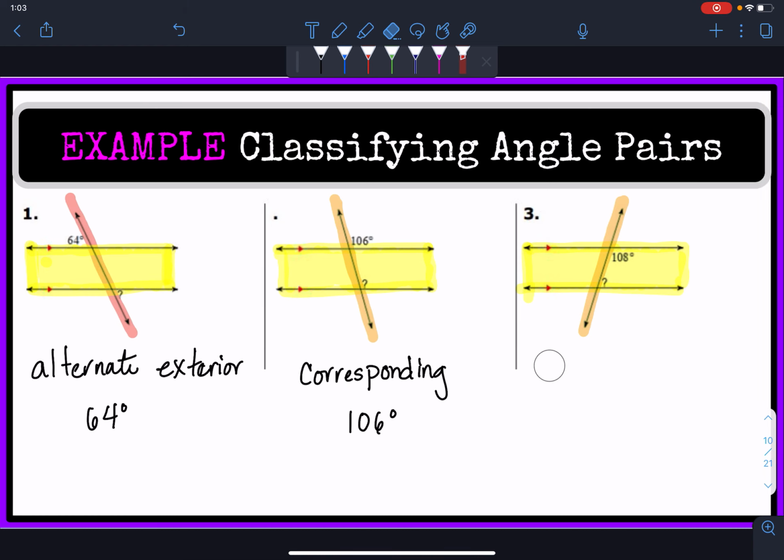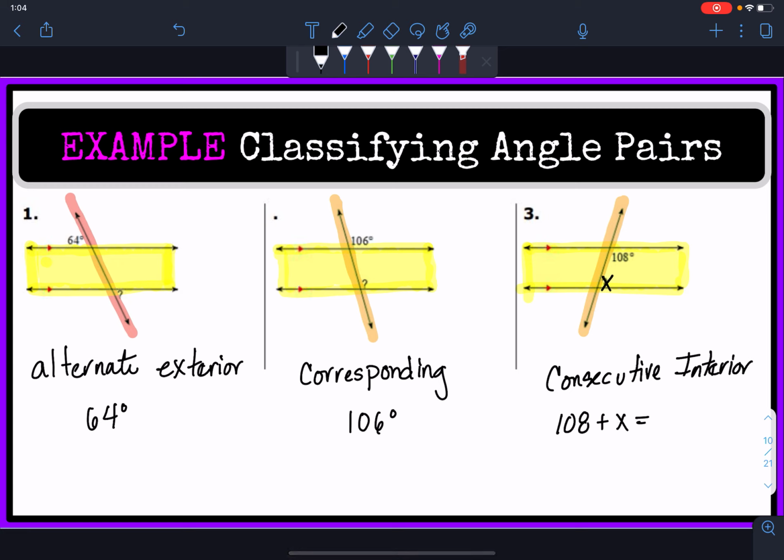So these are consecutive interior angles. So that means that 108 plus this angle there, we'll just put a question mark. You know what, let's just use the letter X, has to add up to 180 degrees.